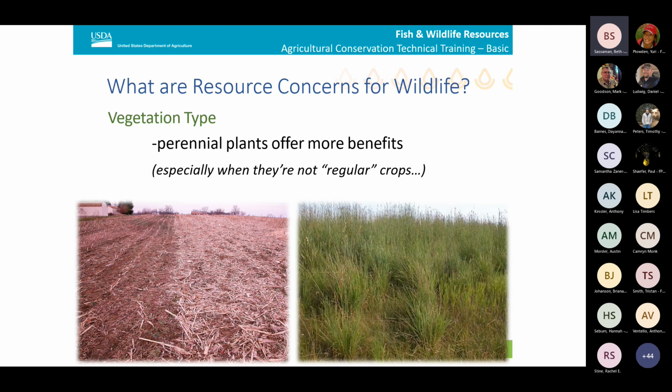They just provide more habitat for the species that are adapted for Pennsylvania. And so if you were wildlife, you'd like to be around the plants that you're adapted for. So if we're looking at wildlife, we want more native species than non-native species, but any cover is better than no cover.